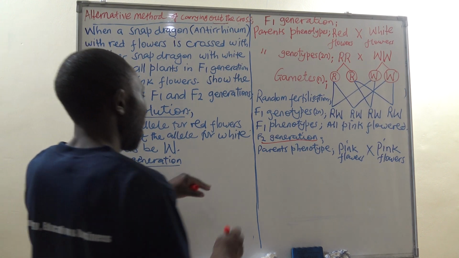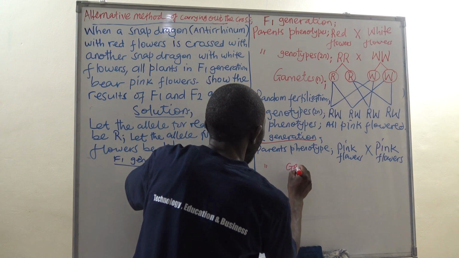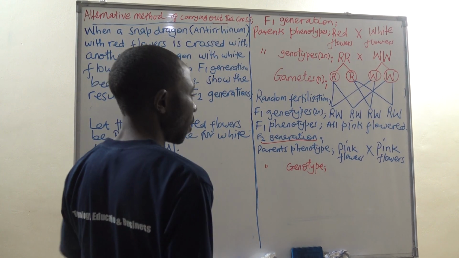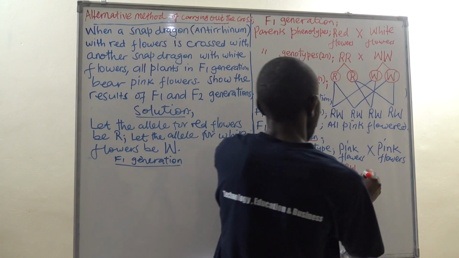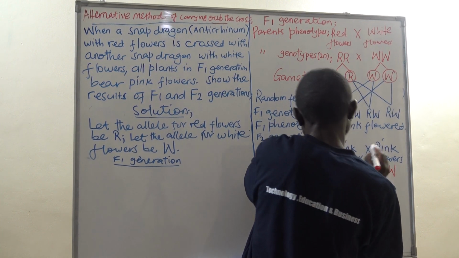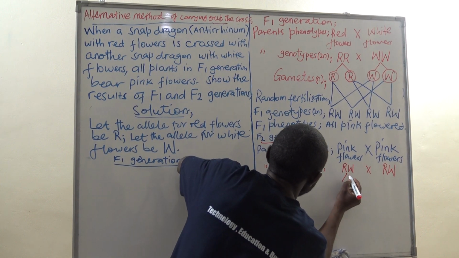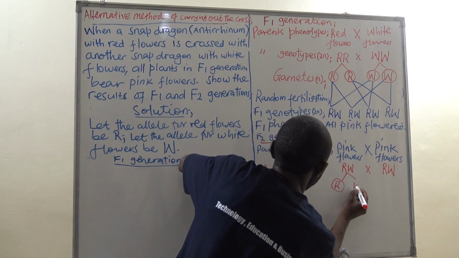So here, parents genotype: we have RW, and then we are crossing with RW, as shown on the board. During meiosis, the genes segregate or separate.